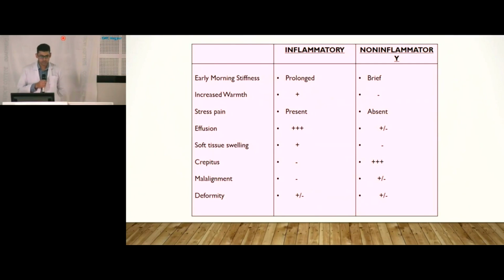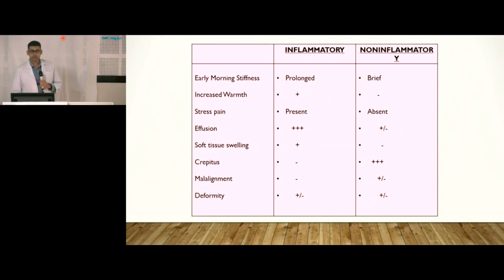It is not just early morning stiffness, but stiffness after prolonged rest. Since our body is at rest during the entire night when we sleep, we have this symptom of early morning stiffness in rheumatoid arthritis. That doesn't mean that you won't experience stiffness in the afternoon hours. Whenever there is prolonged rest to the joint, there would be stiffness as well as pain.